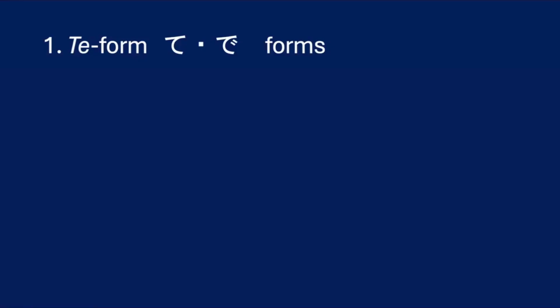You can just refer to this form as te form. Every verb has a te form. So this is not about nouns or adjectives. This is about verbs, action words.